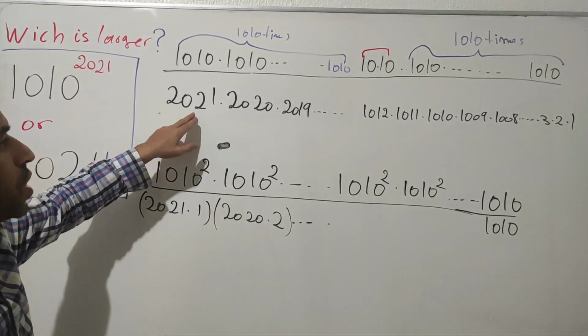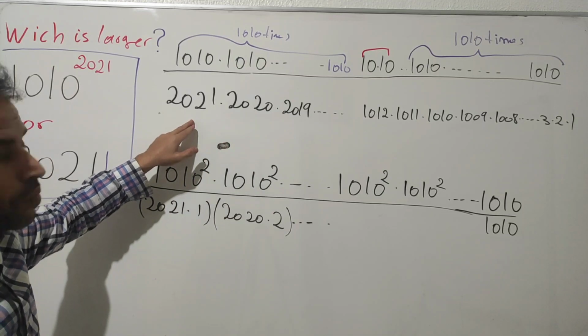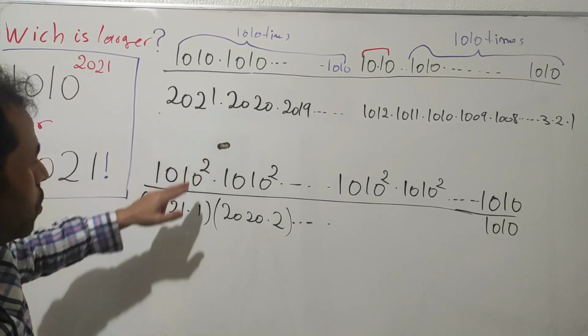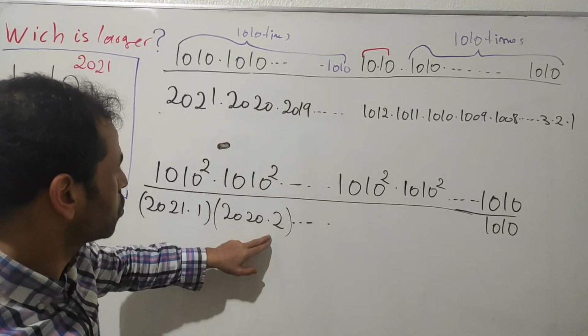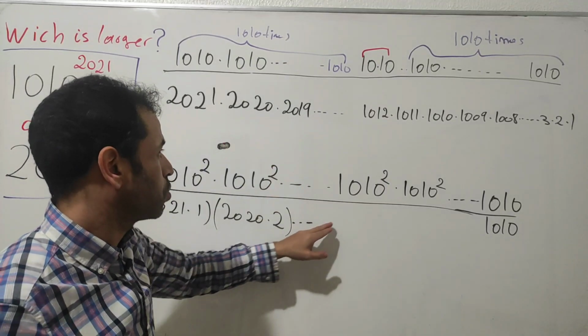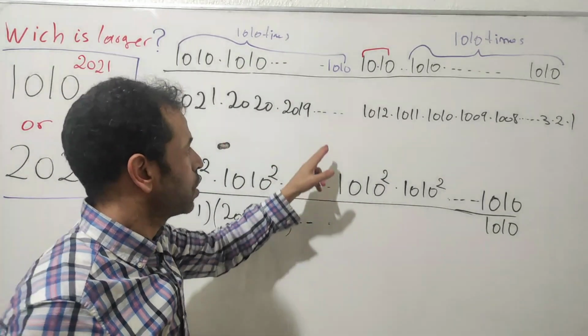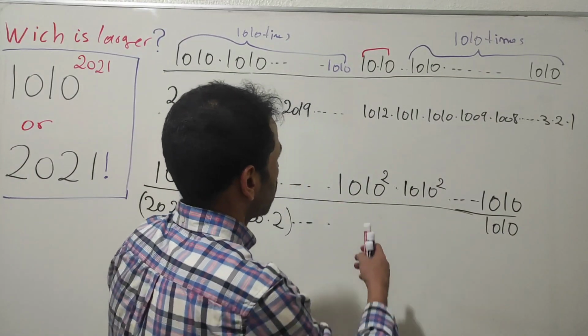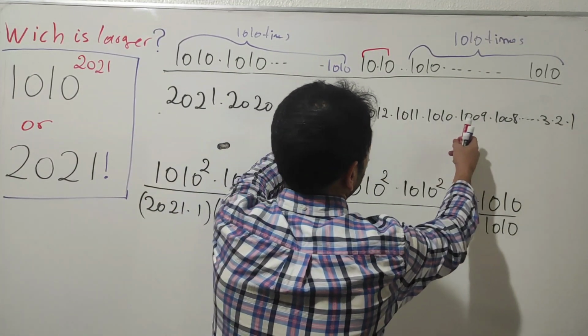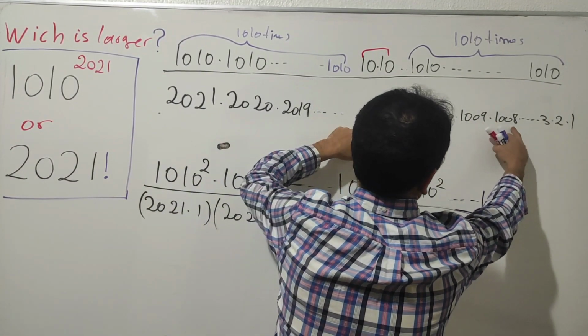So 2020 goes with number 1, 2020 goes with number 2, 2019 goes with number 3, and so on and so forth. Until we get to the center, we meet with 1012, which goes with 1008.